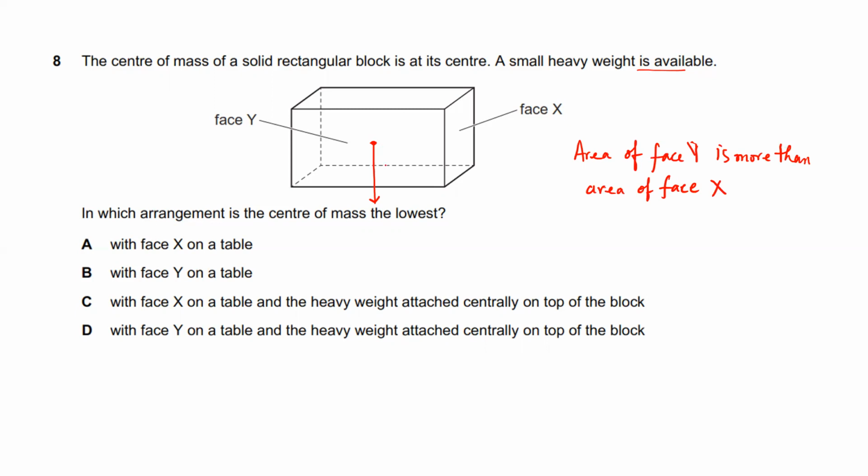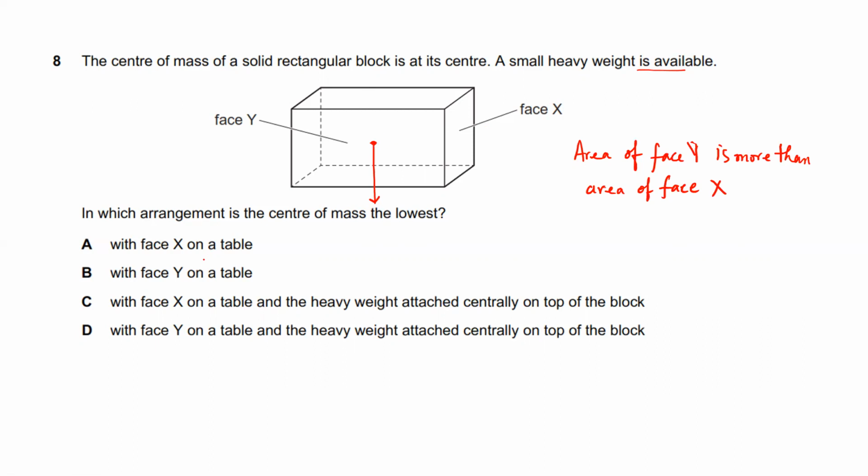So if our block is resting on face Y, it will have its center of mass much lower to the base. And if we put a heavy object over it, what will happen? The center of mass will rise up rather than going down.